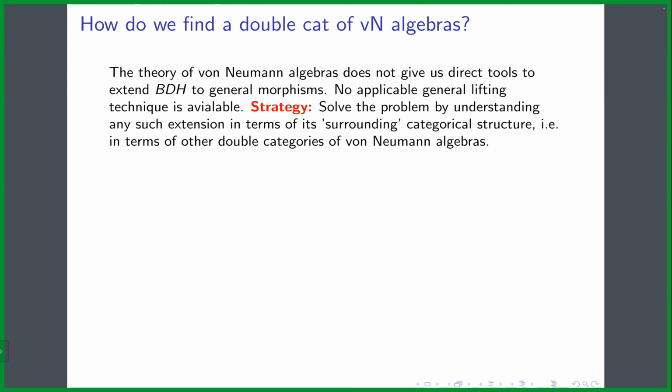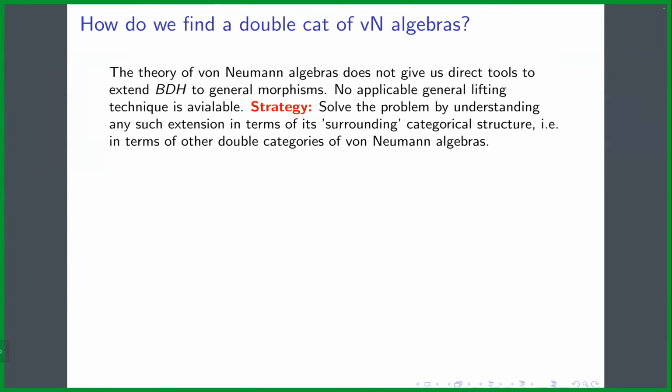And there's no applicable general lifting technique available. If we have a bicategory and a category of morphisms, we don't have general techniques to lift that into a double category having our original bicategory as horizontal bicategory and our given collection of morphisms as vertical arrows.